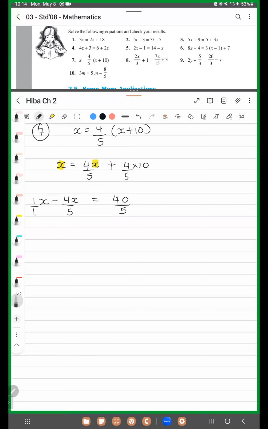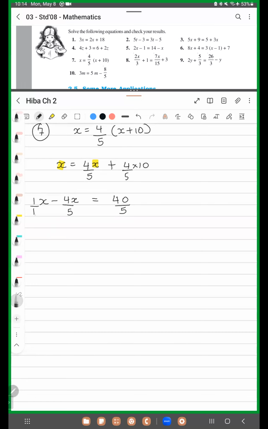Then it will be 5 by 5 minus 4 by 5. Why will you change 4 by 5?